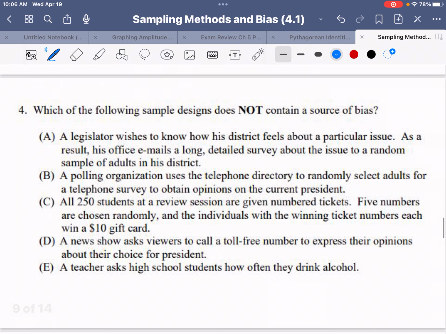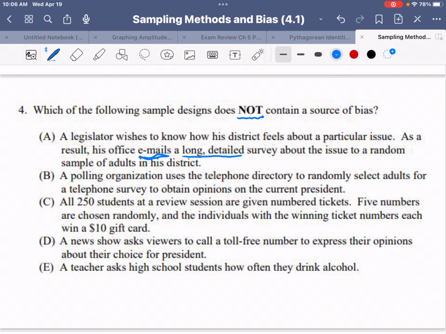Another example. Which of the following does not contain a source of bias? So if you see a question like this, you've got to read every answer choice and see. A legislator wishes to know how his district feels about a particular issue. As a result, his office emails a long, detailed survey about the issue to a random sample of adults in his district.